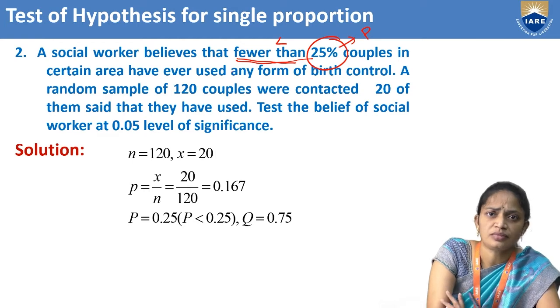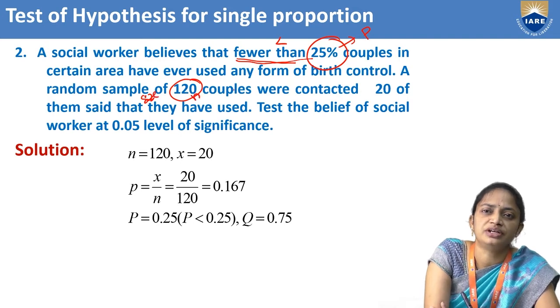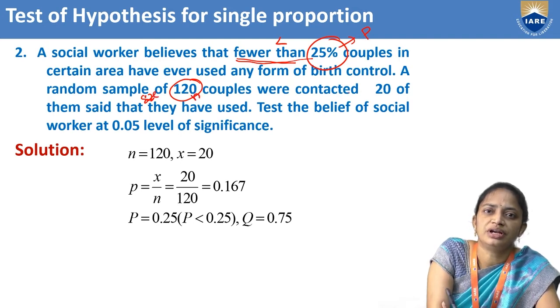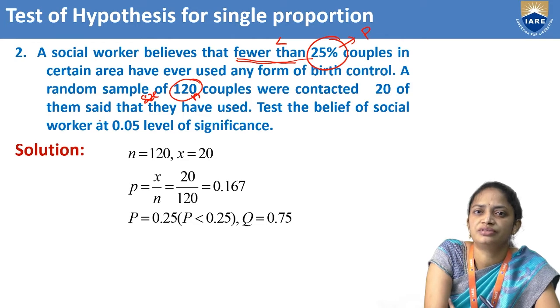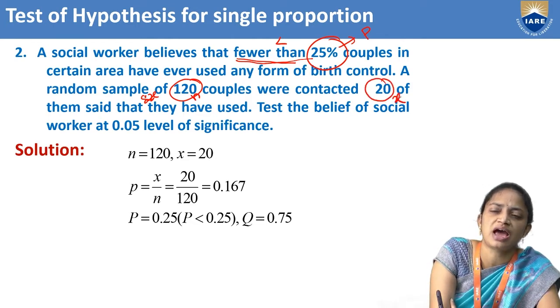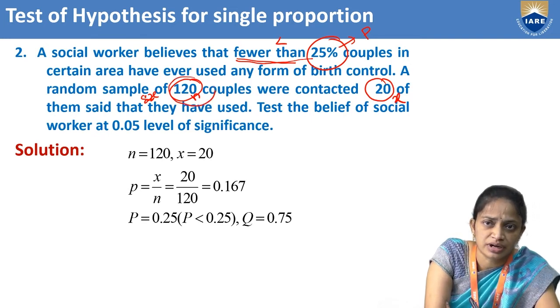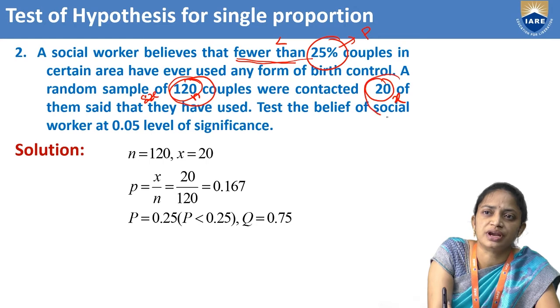Couples in a certain area have ever used any form of birth control. A random sample of 120, sample means the sample size. Here n equal to 120, and 20 of them said they have used, that means that is X value. So n is 120 and X is 20.